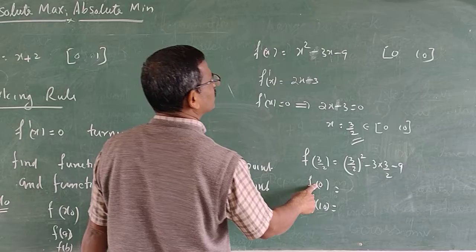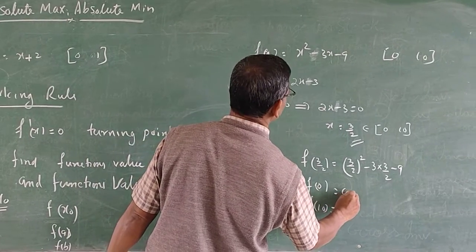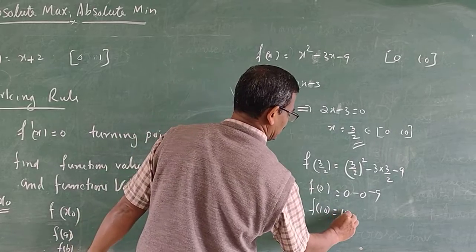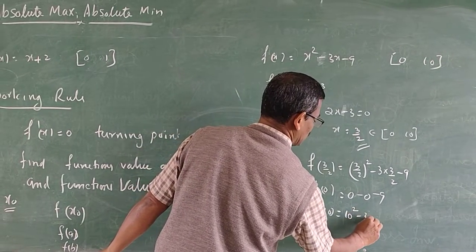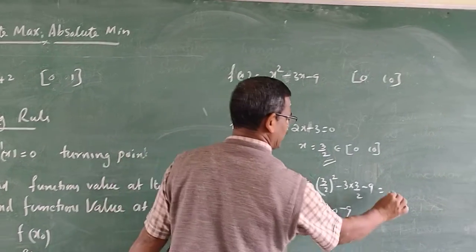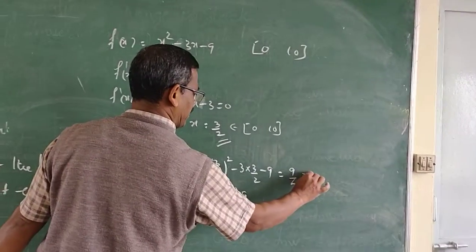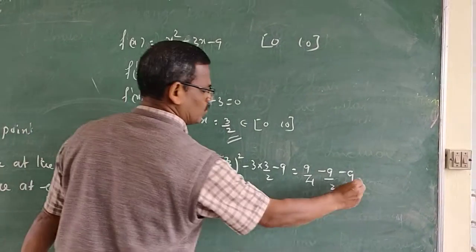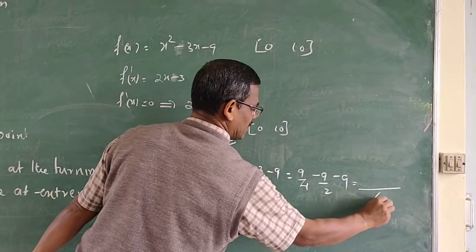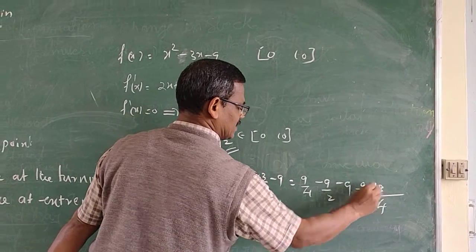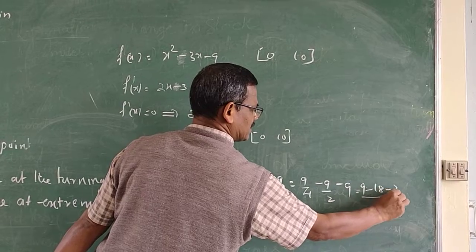And the function's value at 0, that comes to 0 minus 9, and f of 10, that is 10 square minus 3 into 10 minus 9. So you have to see what it is. It is 9 by 4 minus 9 by 2 minus 9. So 4 is the LCM: 9, then minus 18, then minus 36.